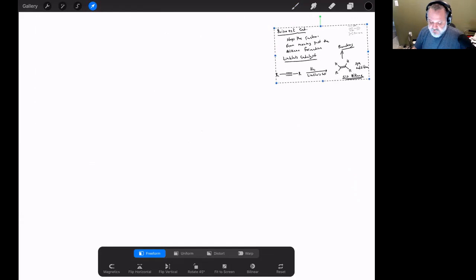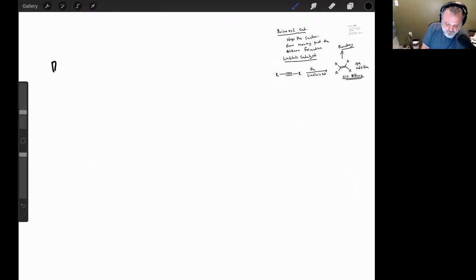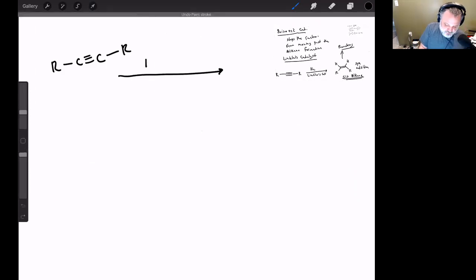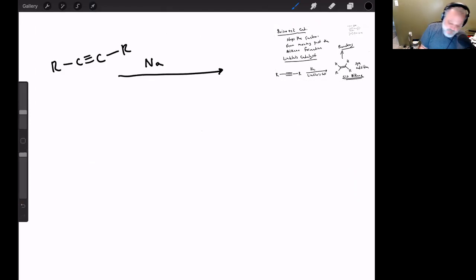And there certainly is a reaction where you can take an alkyne and react it with sodium metal and liquid ammonia, and you get a reduction of the alkyne.